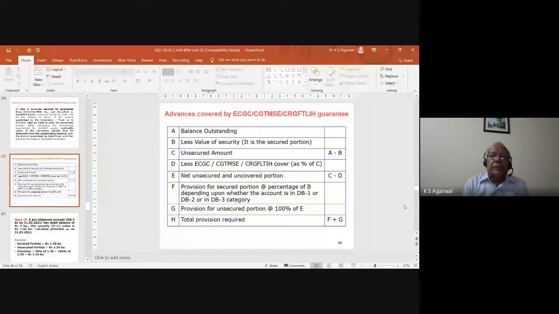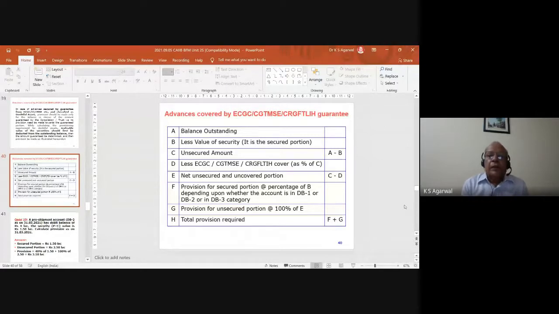You have to first reduce the value of security and whatever is left, on that you have to apply the ECGC percentage. So from unsecured amount, that is C, if you reduce the ECGC cover available, that is D, C minus D will be my uncovered portion, net unsecured portion.